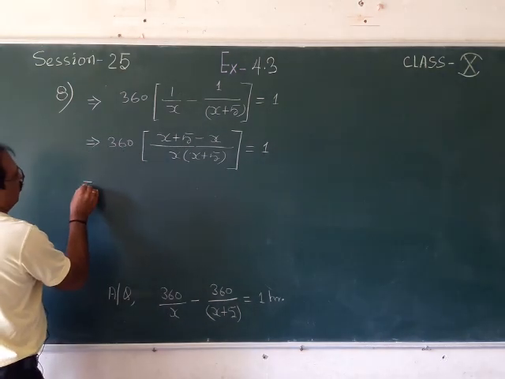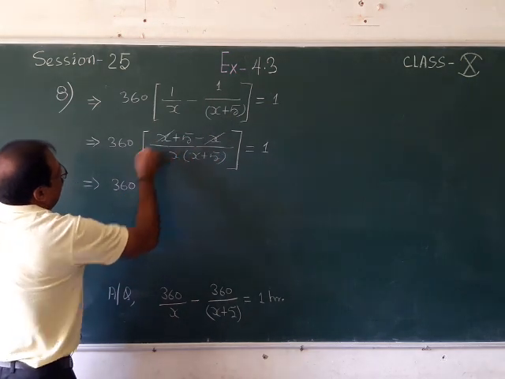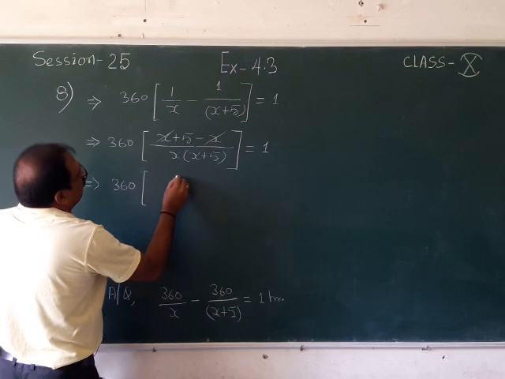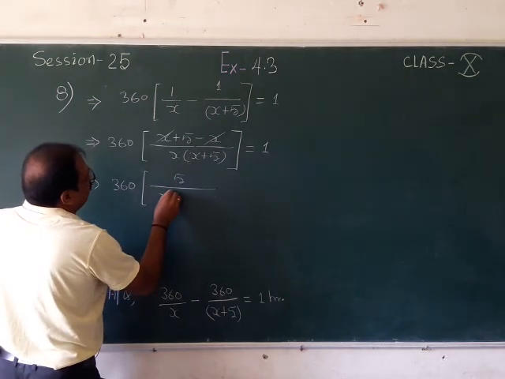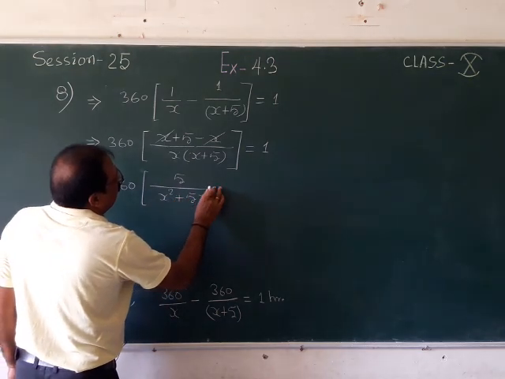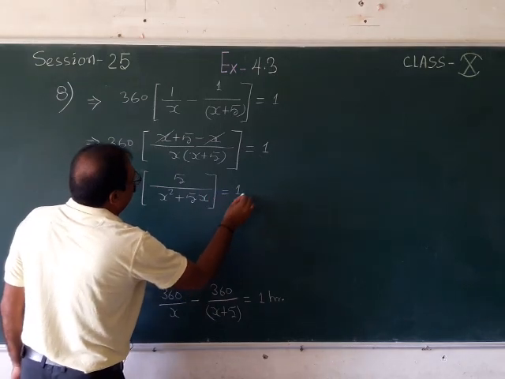Then further it can be written as 360, and here x plus 5 minus x, the x and x cancel, so you have 5, and in the denominator x square plus 5x, and that is equal to 1.